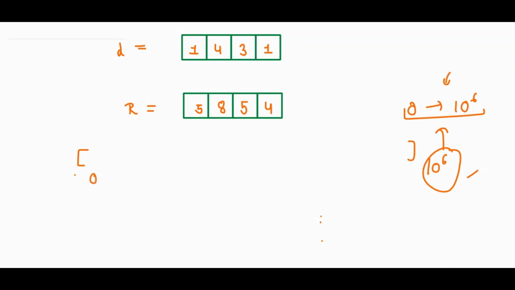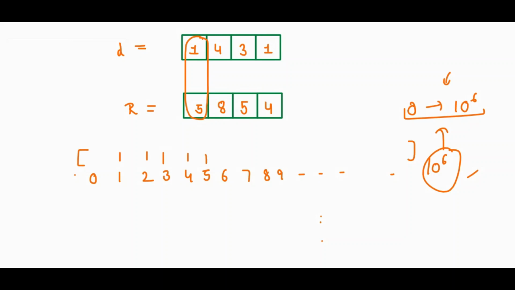So the indexes will represent the elements 0, 1, 2, 3, 4, 5, 6, 7, 8, 9 till 10 to the power 6. Okay. So the first thing that I can do is I will go to the first range, which is 1 to 5, and I will put 1 in this array at their place. Why 1? Because I am just storing the frequency.